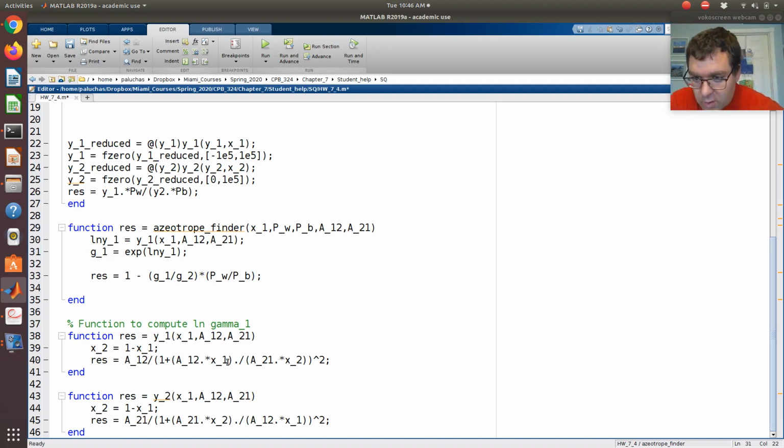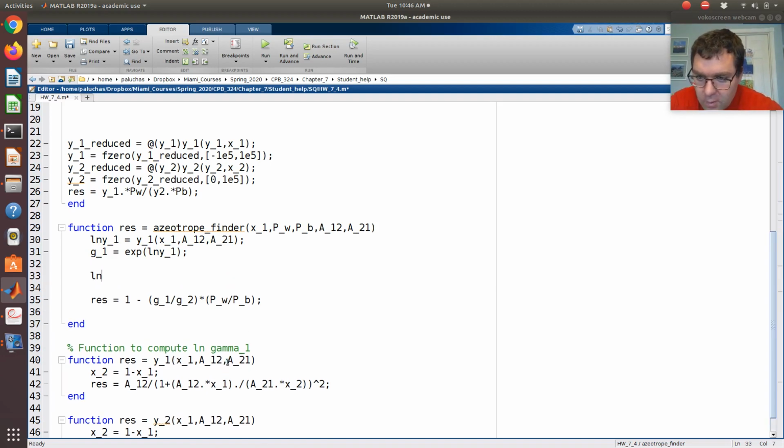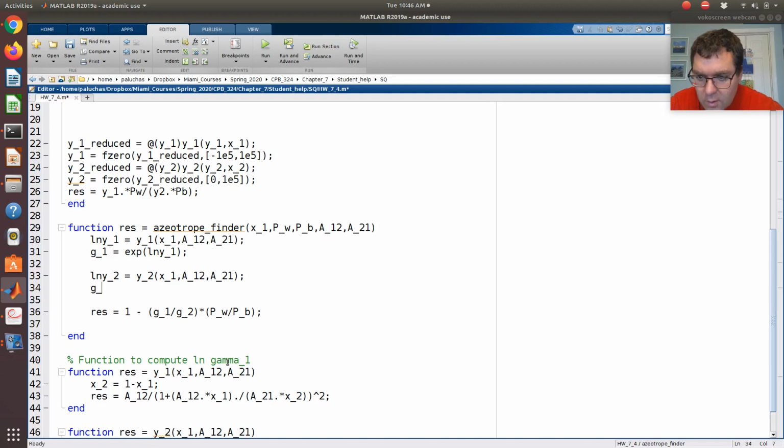So as we trudge along, ln y2 would be y2, and I'll give x1, a12, a21, then g2 would be the exponential of ln y2.